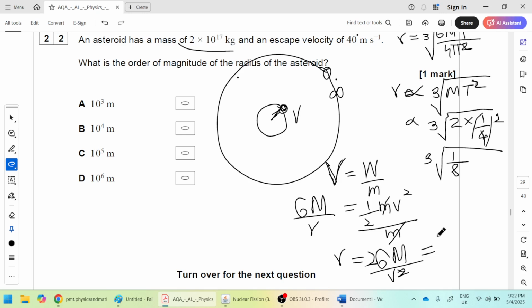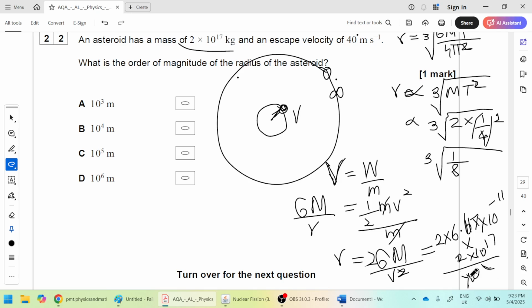So this one you run the calculation. 2 into 6.67 into 10 to the power minus 11, capital G, into the mass of the asteroid they are giving, 2 into 10 to the power 17, divided by 40 squared.